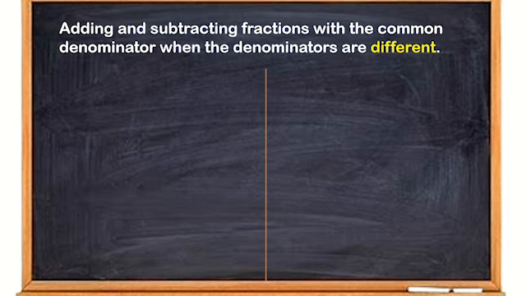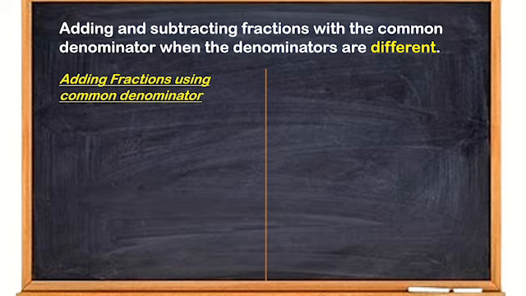Adding and subtracting fractions with a common denominator when the denominators are different. First, let's look at adding fractions using common denominators when the denominators are different. So in the example, 2 over 3 plus 3 over 4, we know that the denominators are different. So the very first step is to find the LCM of the denominators, that is 3 and 4.